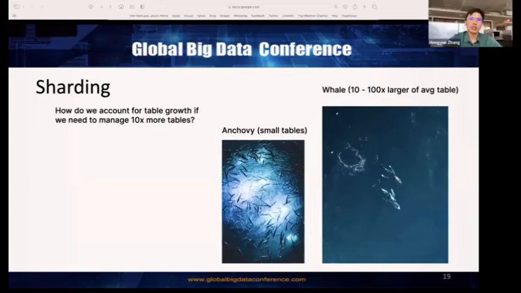Looking at the size distribution of our tables under management, we found a few interesting things. The tables are like marine animals. There are hordes of anchovy, or small tables, with very little throughput that get used maybe once or twice a week. There are some tables with extremely high throughput and that are resource hungry for optimization, like whales.